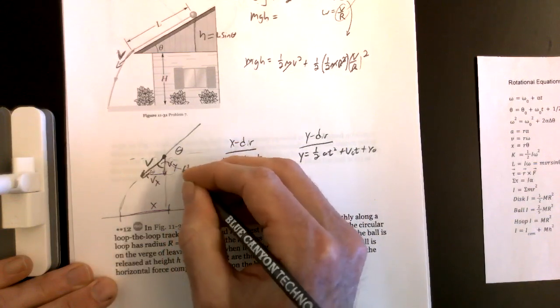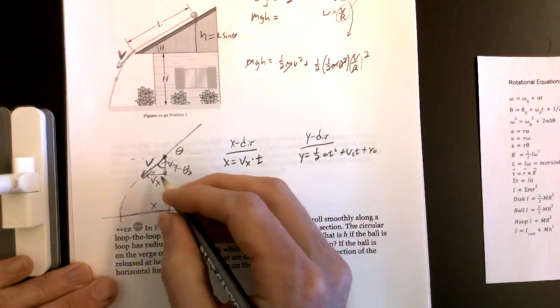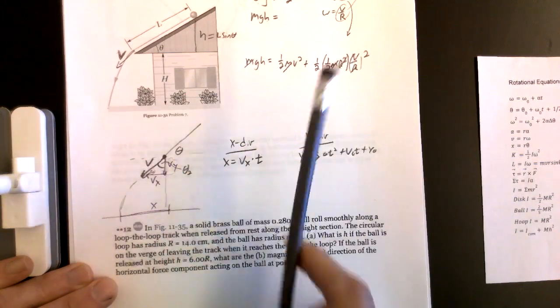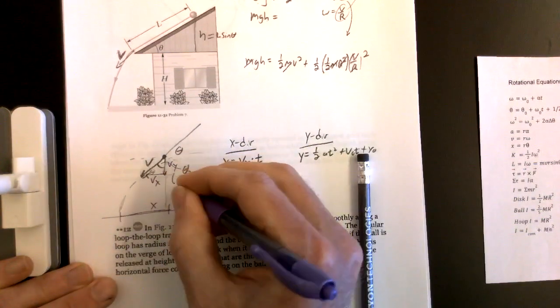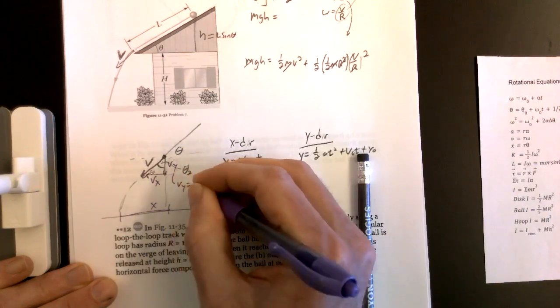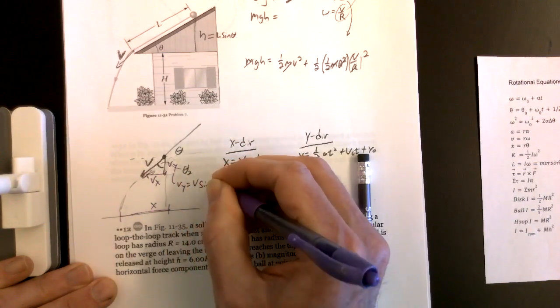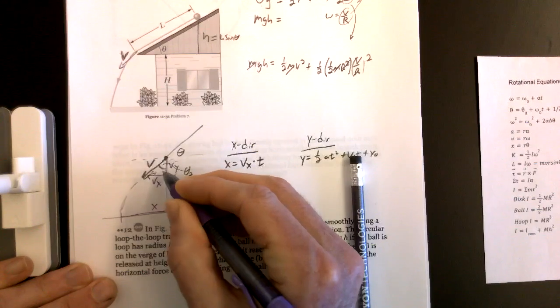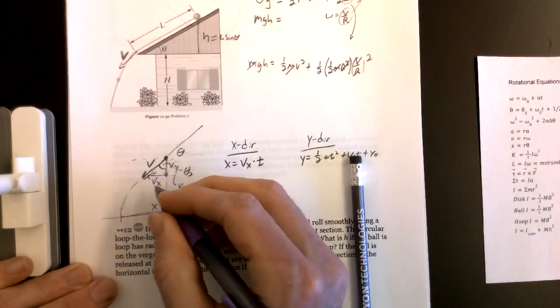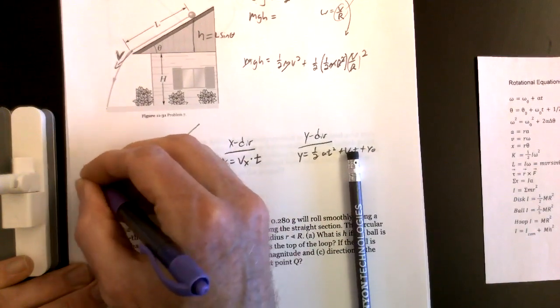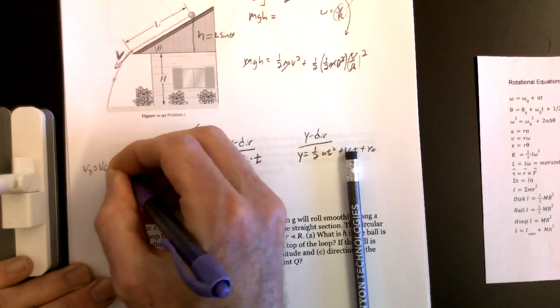Maybe I'll call that theta 2, so that my components are based upon theta 2. So my Vy is going to be V sine theta 2, where theta 2 is this angle of 60, and then my Vx is going to be V cosine theta 2.